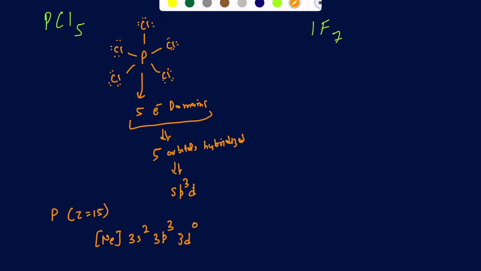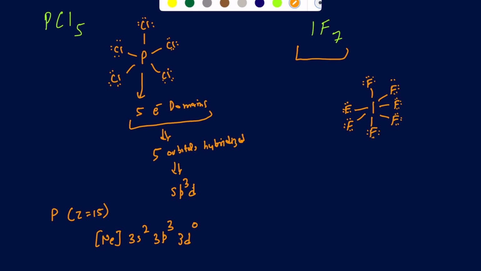In the case of IF7, if you draw the Lewis structure, I'll have iodine in the center, and I've got 7 fluorines. So that's 6, and I've got another one. Each of the fluorines would have its octet completed, so make sure you first draw its Lewis structure and understand it well.